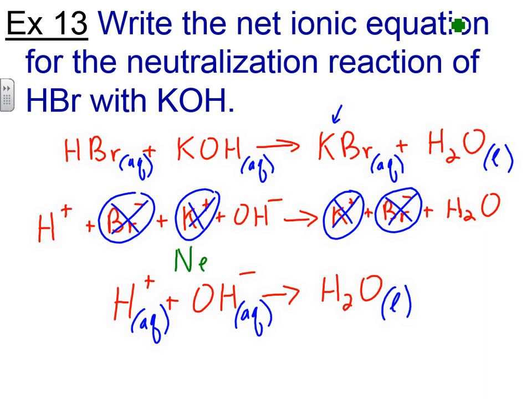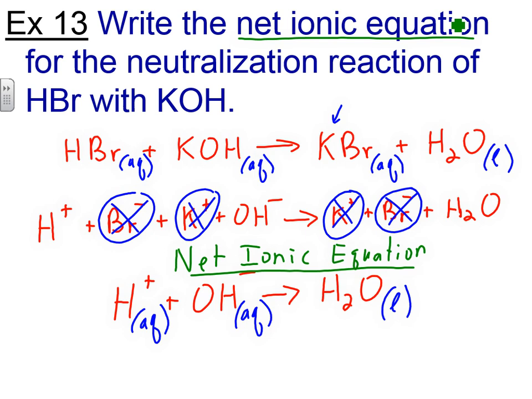Net ionic equation. That's what the question asked for. So you just saw this in the previous slide, but here we kind of worked it out for you. And this will be the case with an acid and a base which are soluble.